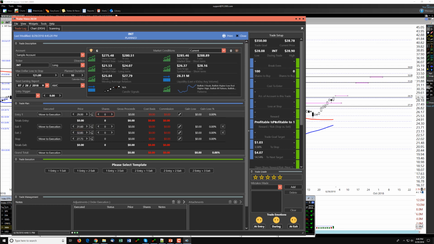Again, it says 100 shares. I think let's try 150, see what this would do. That's a good enough number there. 3 1/3% of the account. 187.50 in risk. Let's see what this plans out like. At the first stop, it's almost 9%. If we had to sell the entire position there, we would get 2 to 1. We would be able to make 390 bucks if we sold the entire position there.